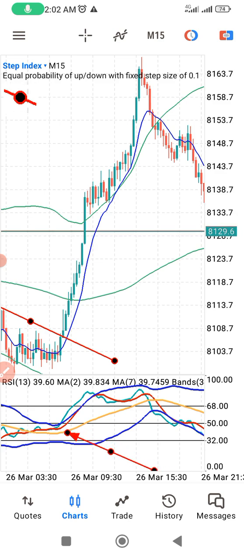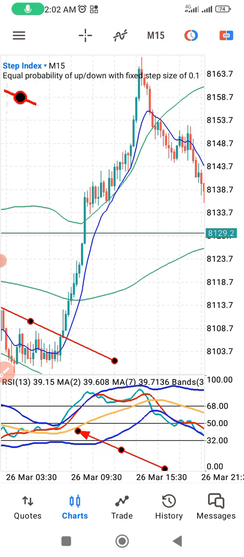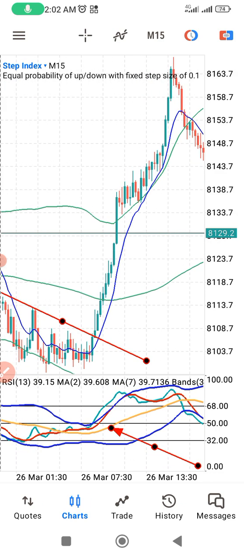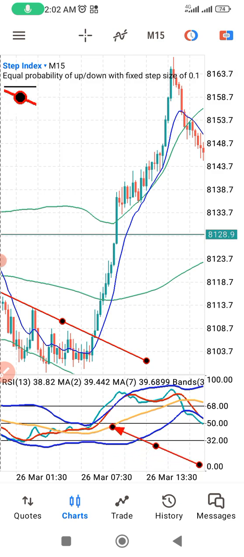Whenever the moving average is above the 50 level of the RSI, it shows us that we are fully in an uptrend. And whenever it is below it, just as you are seeing in this region, it shows that we are in a downtrend. So it gives us the directional bias of the market in terms of trend determination.